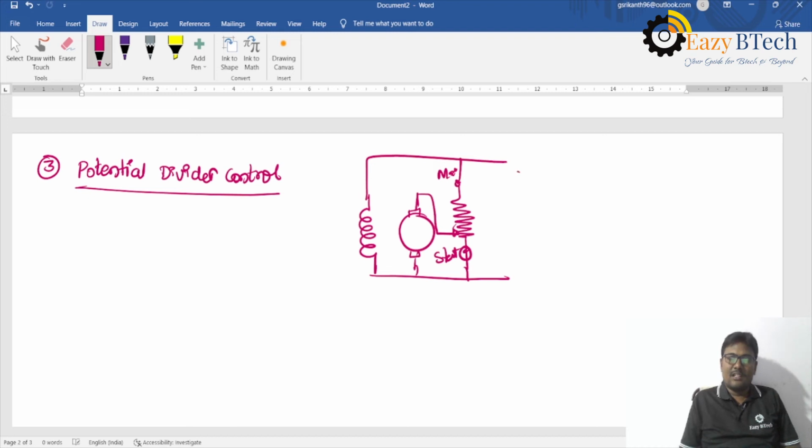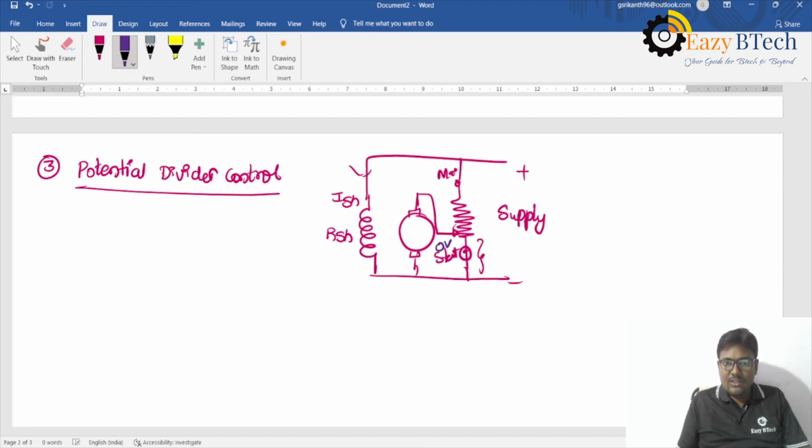You can connect it across a supply. So the current flowing through is the shunt current, Rsh here. Initially 0 volts, because 0 turns are included, so 0 volts will be applied.